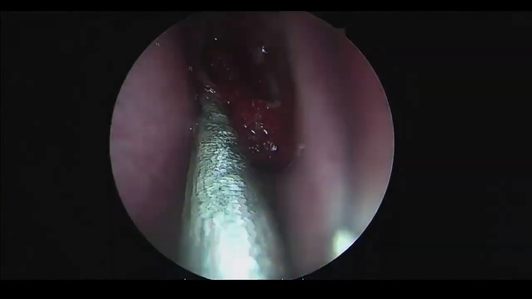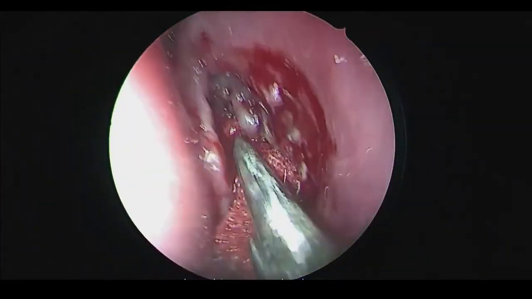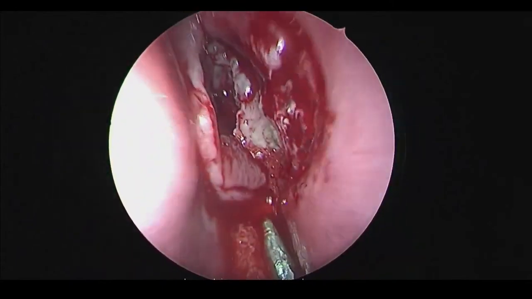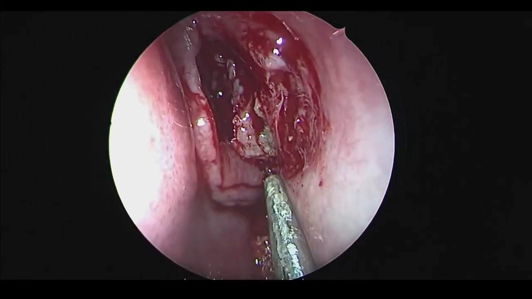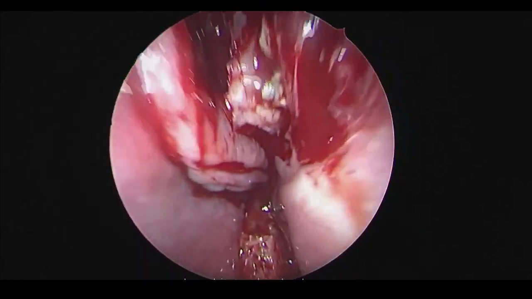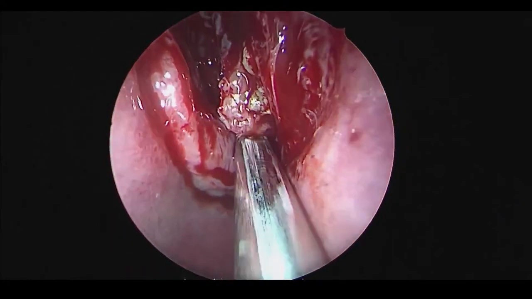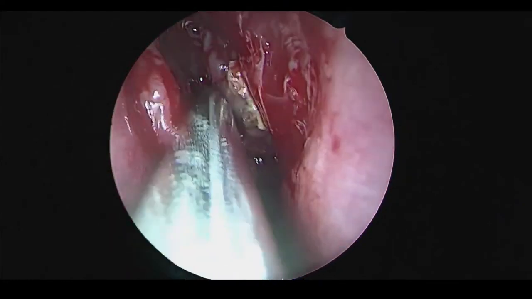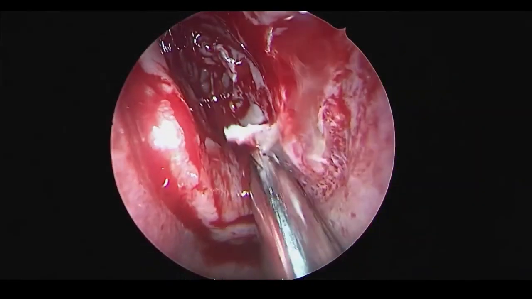So the first part is a little bit of debridement of the polyp and opening of the middle meatus, infundibulum. Remnant of the uncinate.